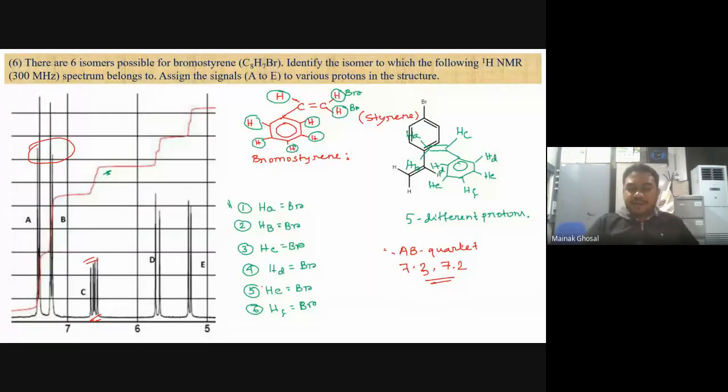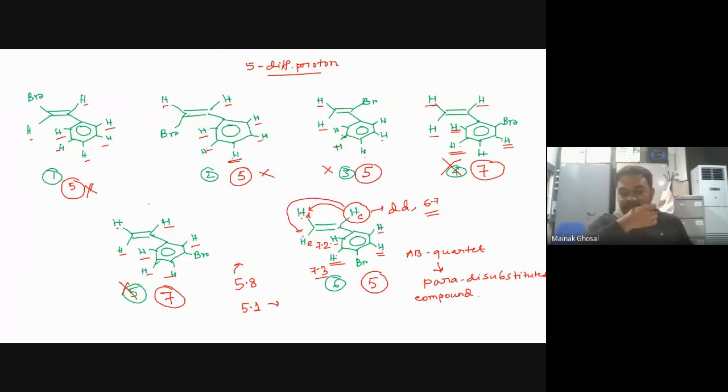Also, you can confirm it from this data: you see the coupling constant here and the coupling constant here. This is a very high coupling constant. This actually denotes that whatever you are seeing, this HD is the trans one. Okay. So your trans one will be very much deshielded.